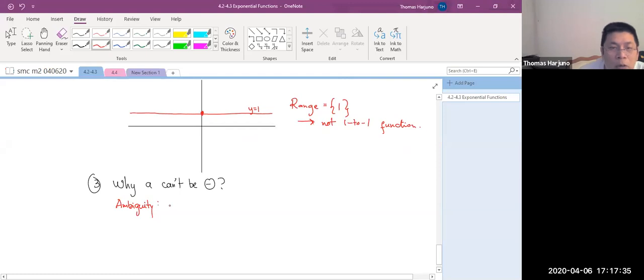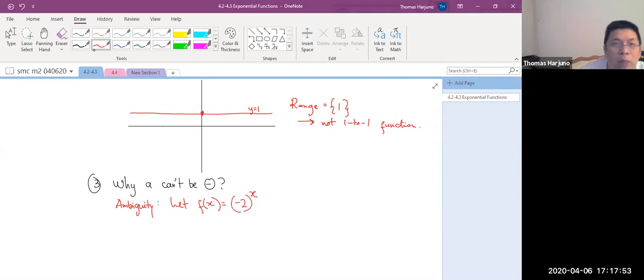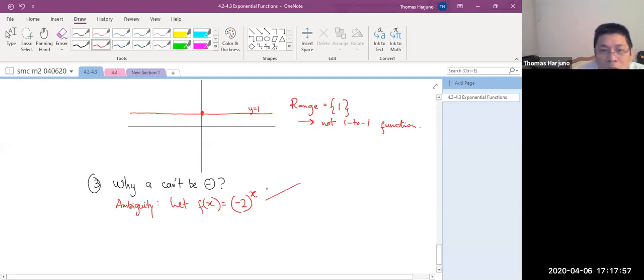Now, let's take a look, for example, let f(x) equal, let's say, negative 2 to the x. Now, notice that by our definition, this is not an exponential function, at least for our level.